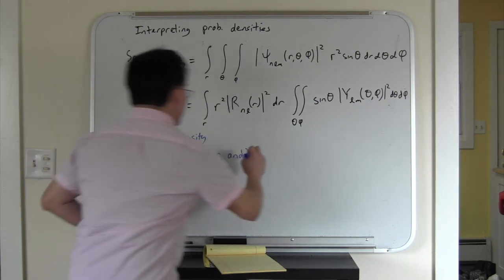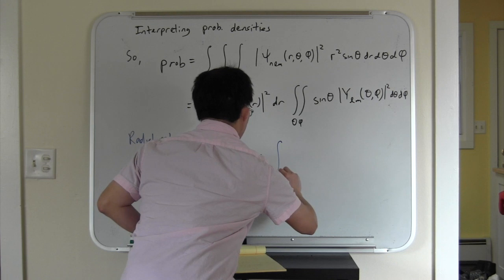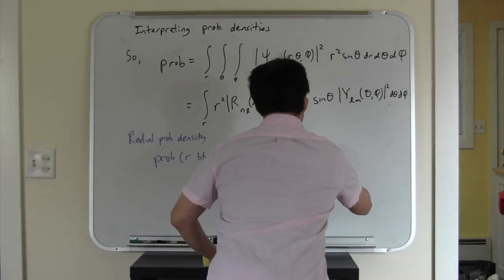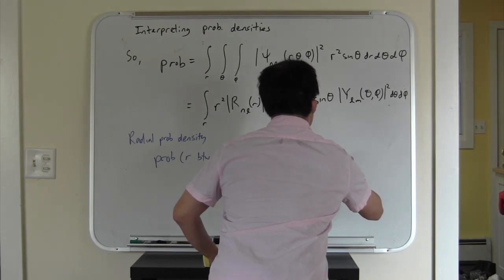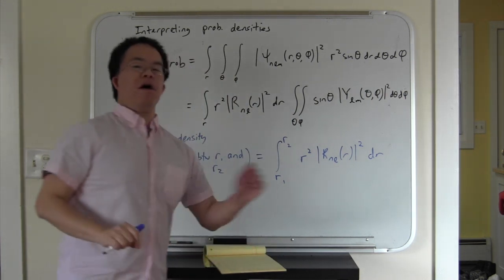We define that to be equal to this integral from r1 to r2 of r squared times R n l squared dr.